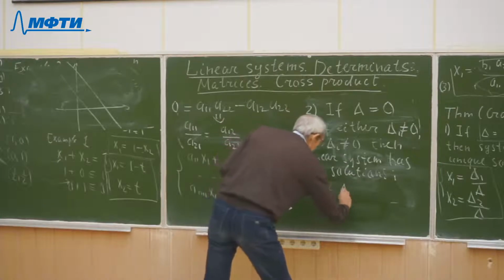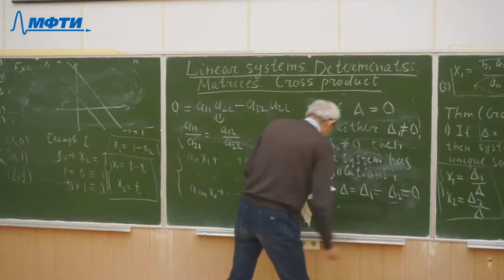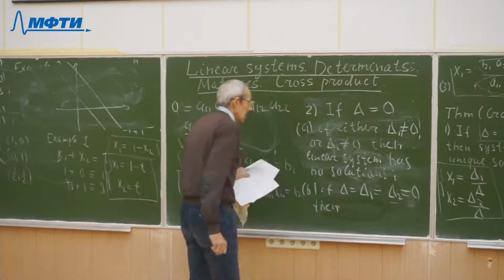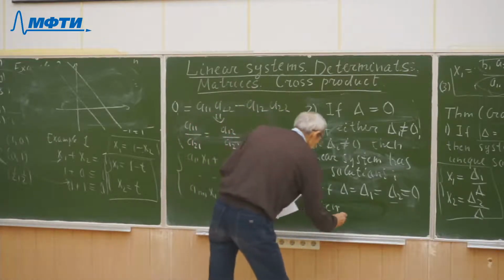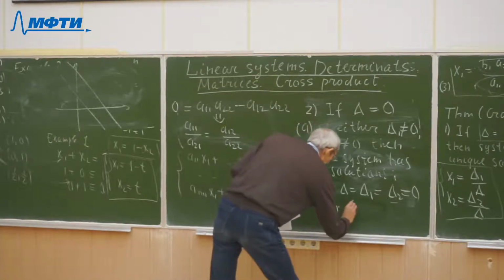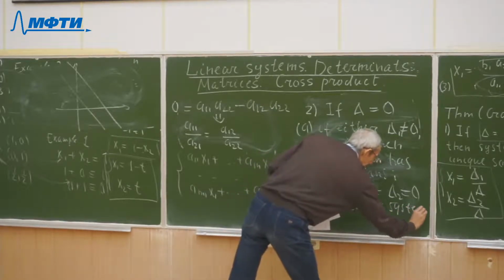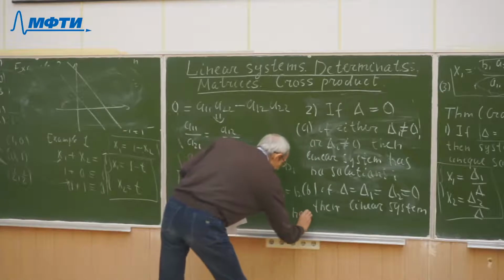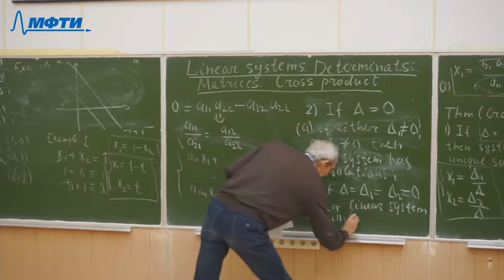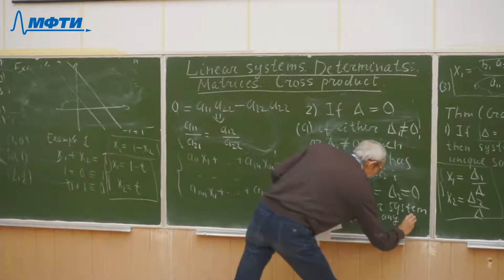And item b: if delta is equal to 0, delta 1 and delta 2 are equal to 0, then our system has infinitely many solutions.